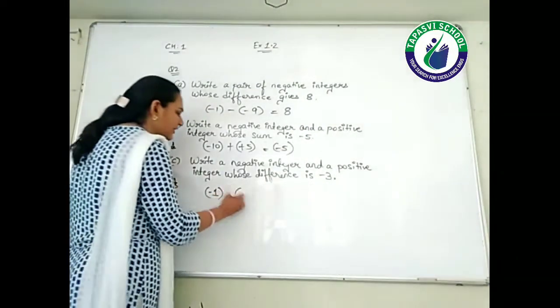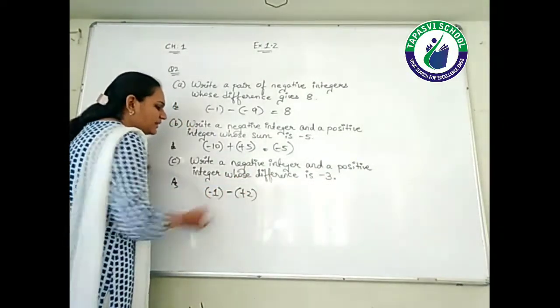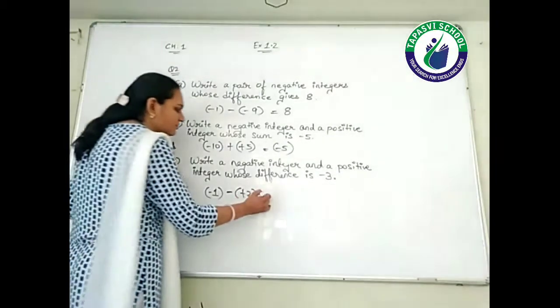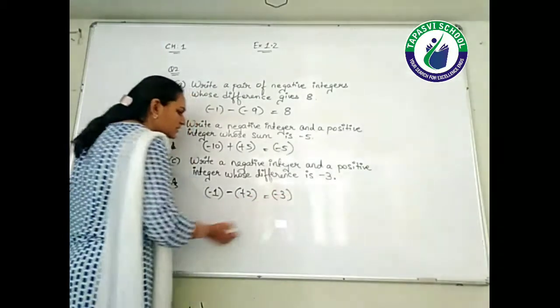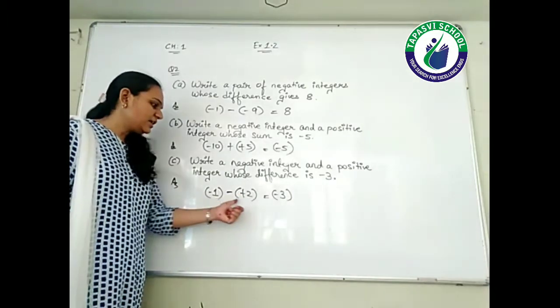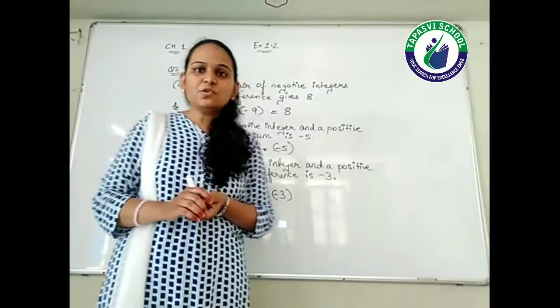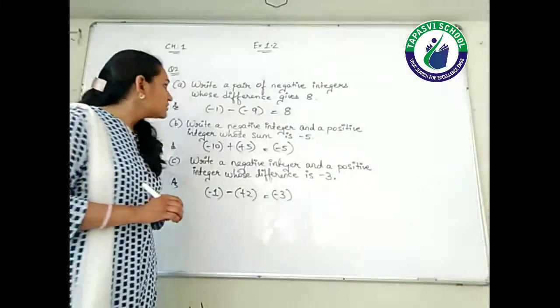I can write +2, whose difference, so I need the in-between sign as minus, so my result will be -3. You can see the working: -1 minus plus is minus, so -1 and -2, so the answer is -3, right, students? I hope you understood this question number 2.